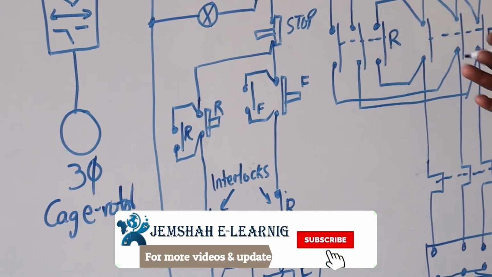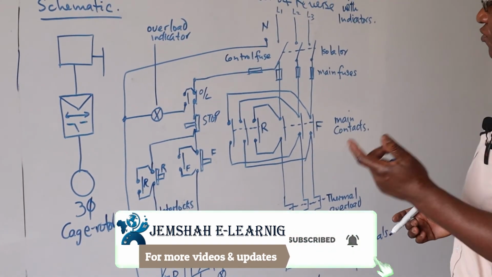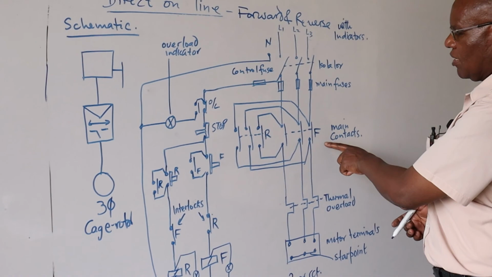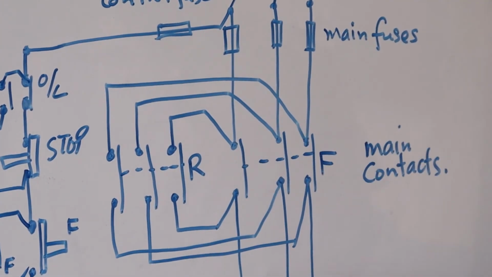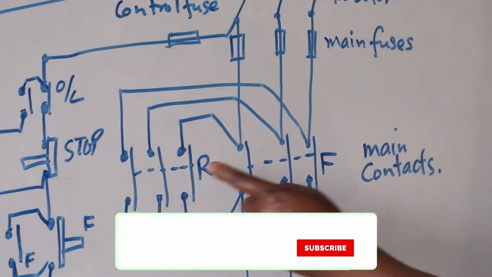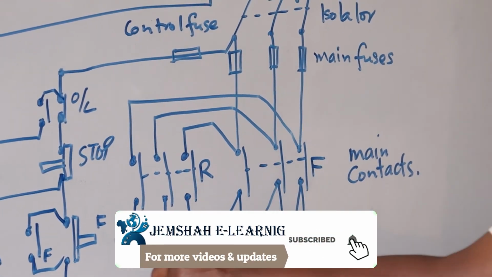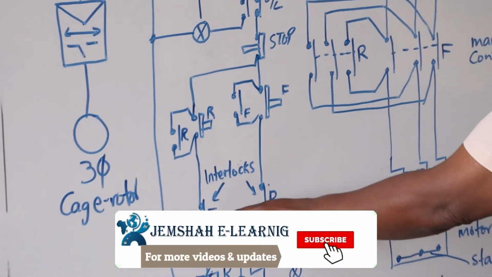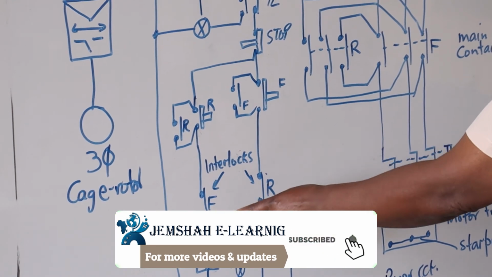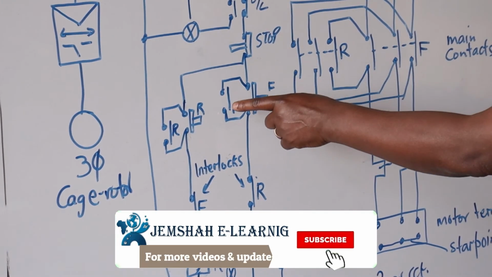Then the other thing we need to note is that now I'm using more contacts than the usual 4. If you look at the forward contactor, which I've labeled F, any contact pertaining to the forward contactor has a label F. So F here, there are these 3 here. There's also this other one here, 3, 4, and this other one here, making 5. Now this one and these 3, they are normally open.